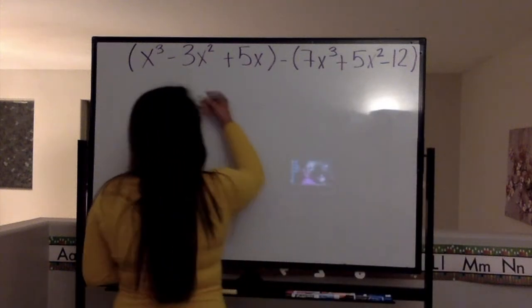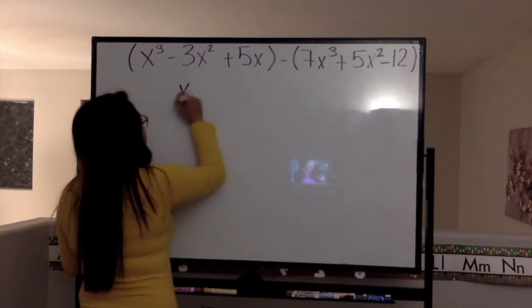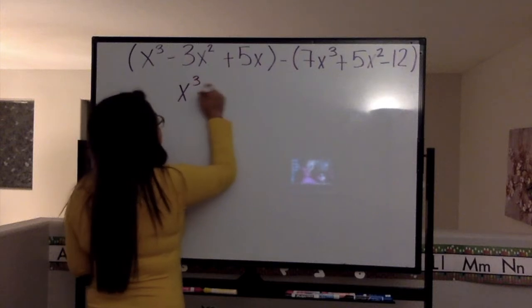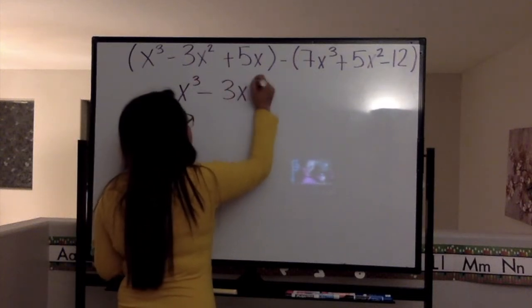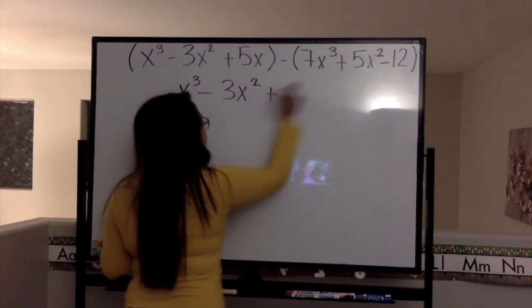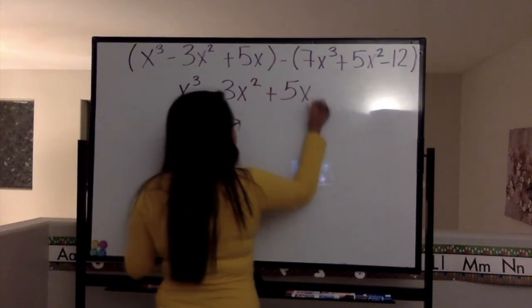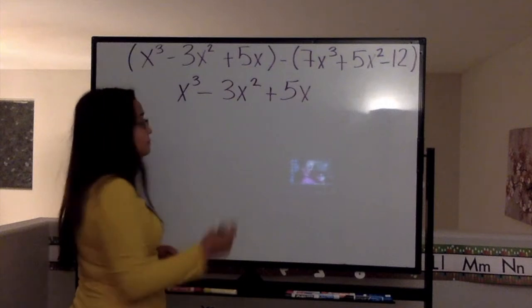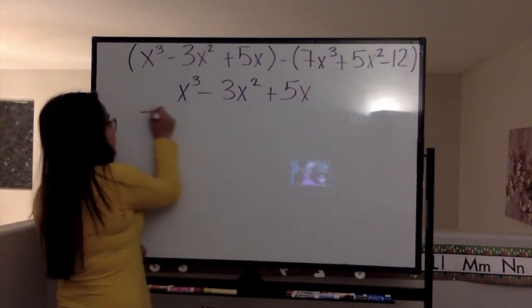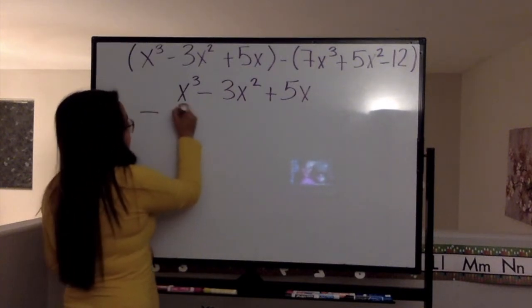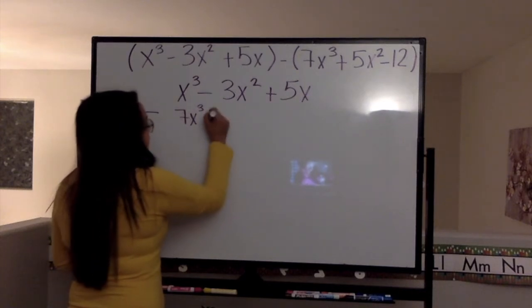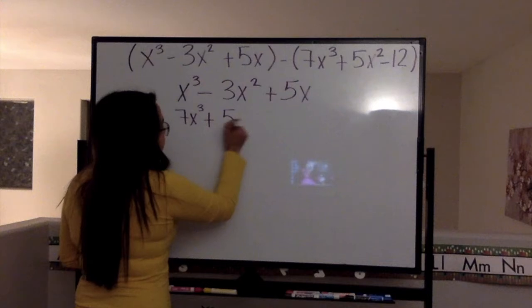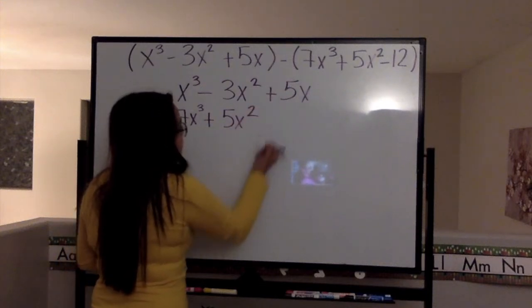Let's write down our first equation, which is x cubed minus 3x squared plus 5x, okay? So in the first equation, we are subtracting 7x cubed plus 5x squared.